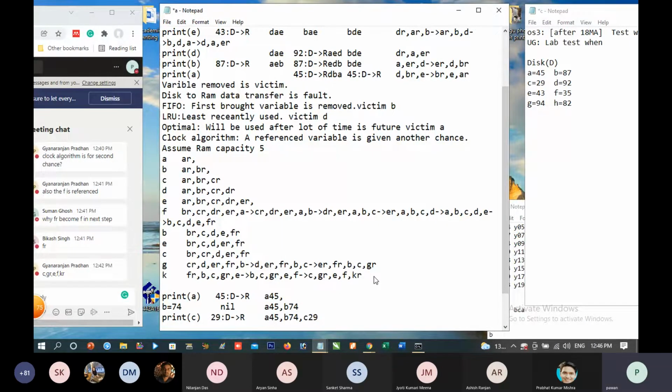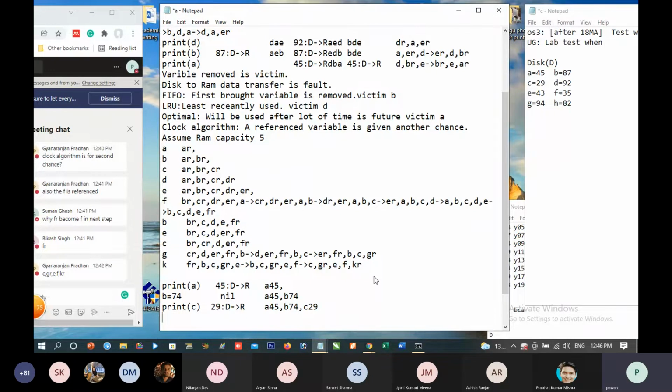Now, we are writing print A again. So again, there is no data transfer. And for the time being, we are using first in, first out. We shall be doing this.